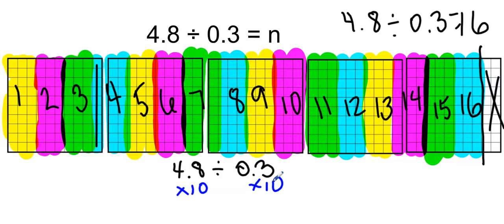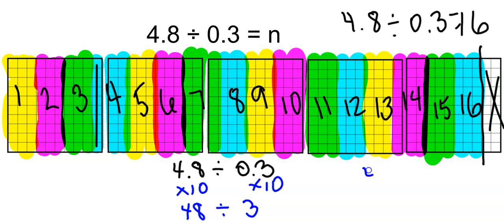So if I multiply 4 and 8 tenths by 10, then I get 48. And then if I multiply 3 tenths by 10, then I'm going to get 3. And now I can think 3 times.